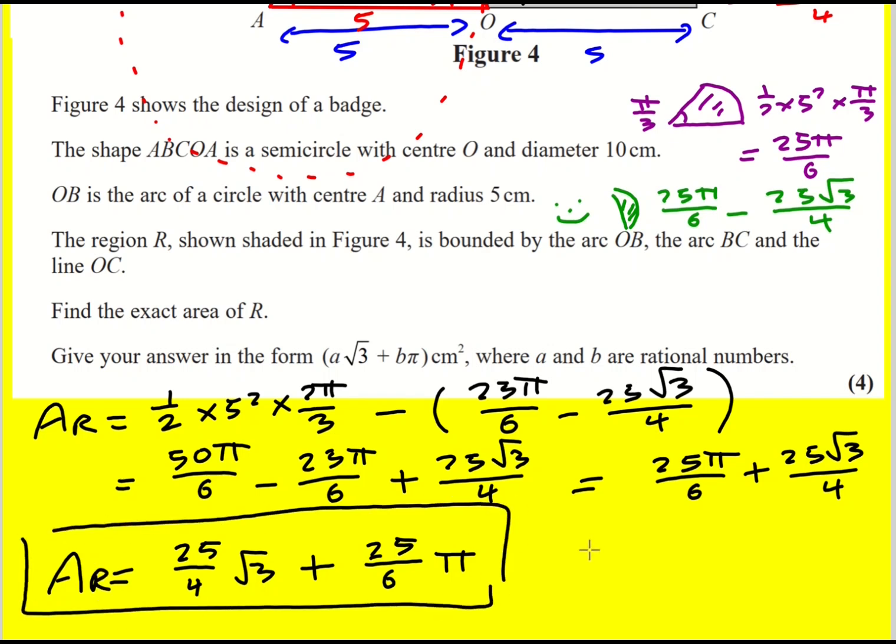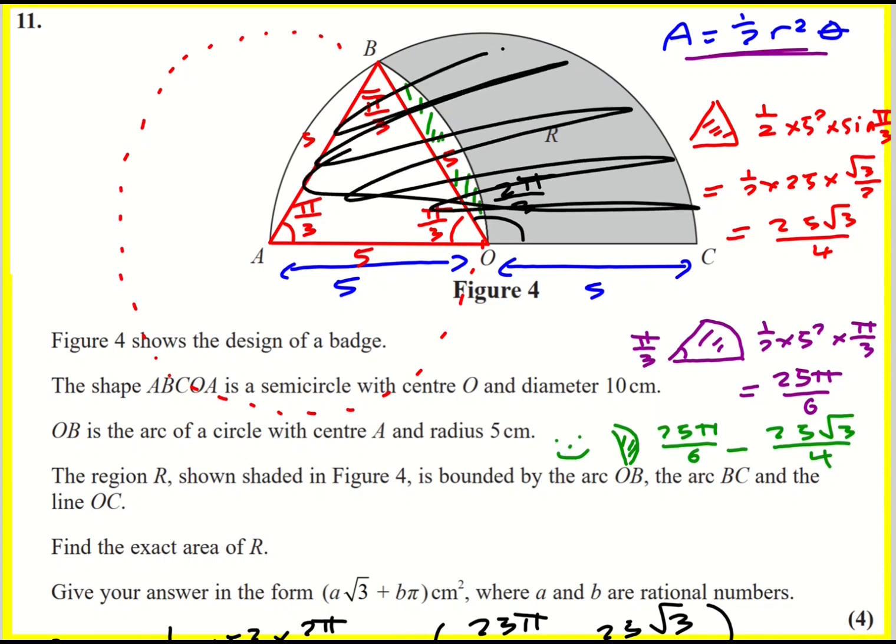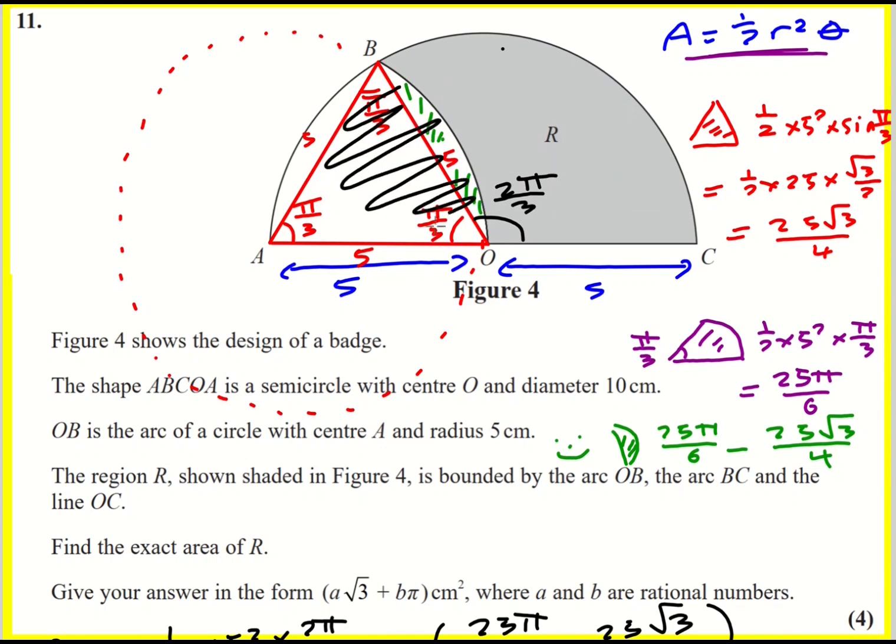So method 2 is how I did it, but it's not as good. It's going to be more complicated. So we could take the whole semicircle, and then we could subtract a sector, and then we could subtract the green area. So for method 2, AR is going to be, it's just a semicircle here, so I don't really need to use a half r squared theta.